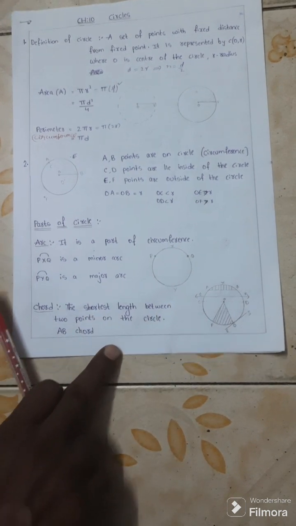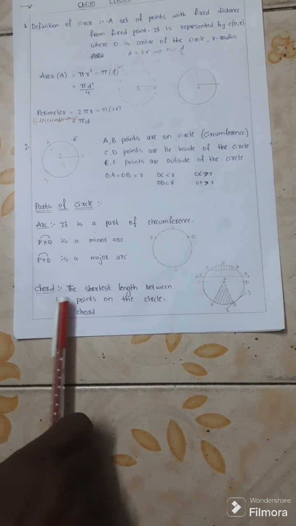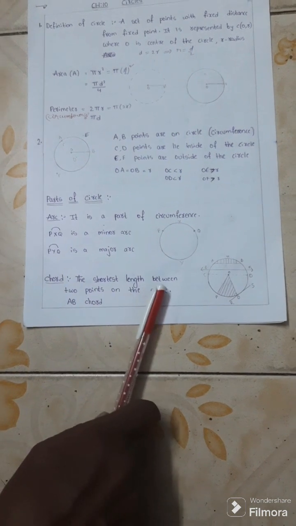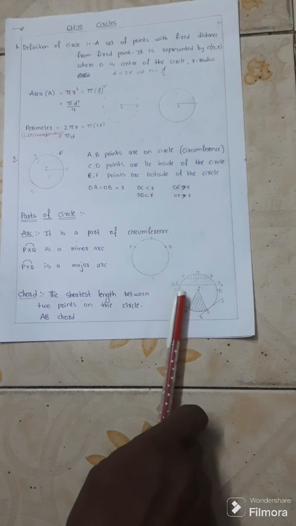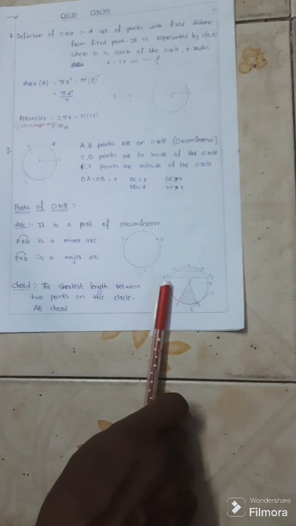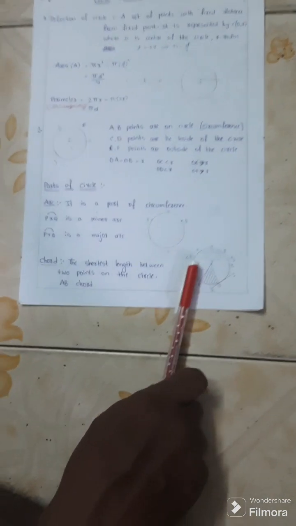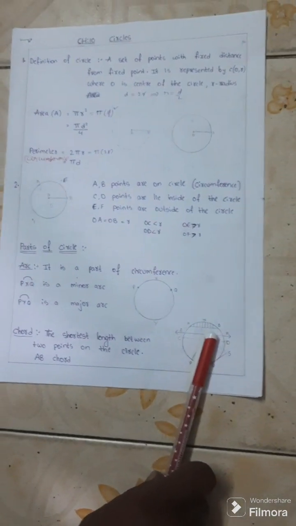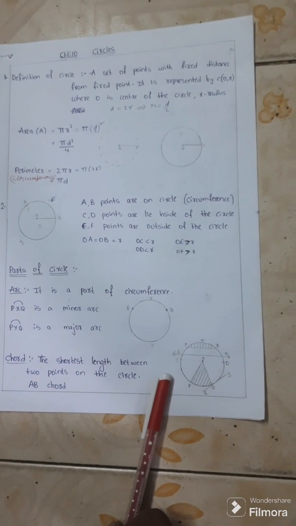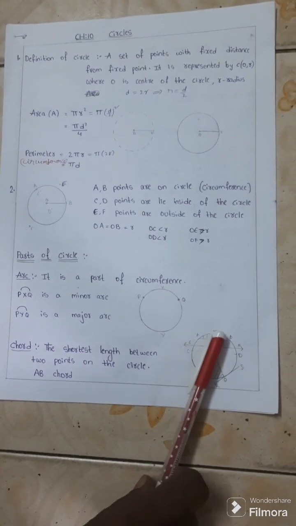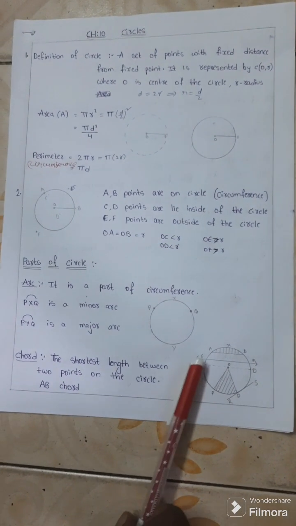Now we are going to discuss the chord. A chord is the shortest length between two points on the circle. Here AB is a chord, because it is the shortest length between points A and B. In the given figure, AXB is an arc, a minor arc.